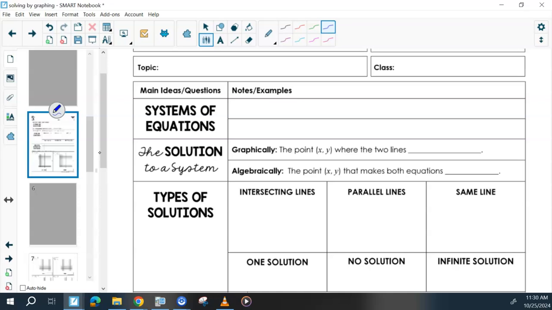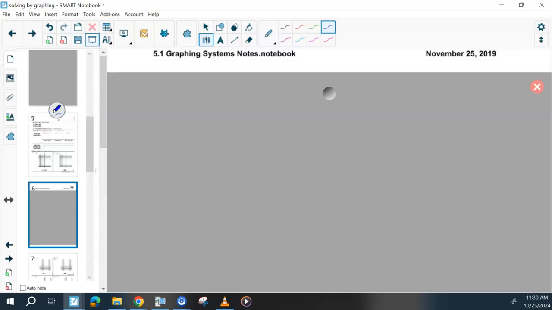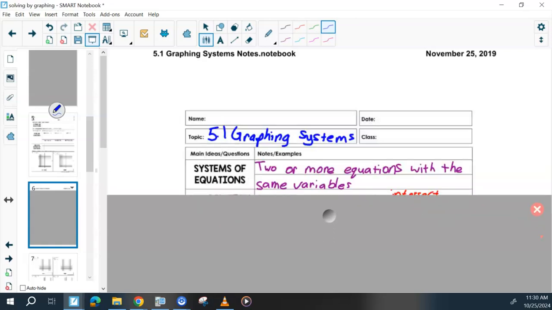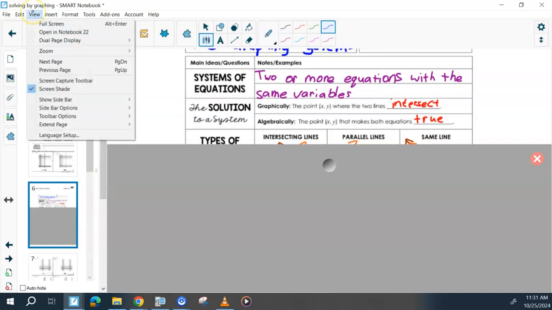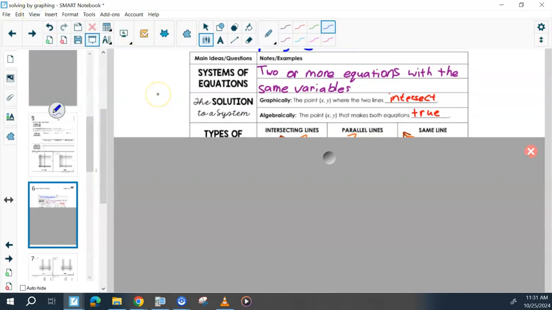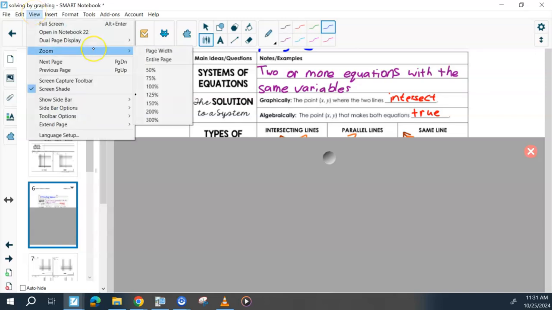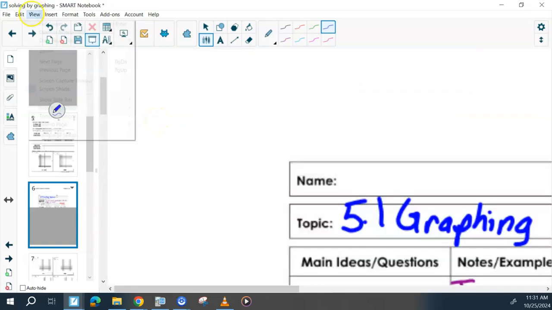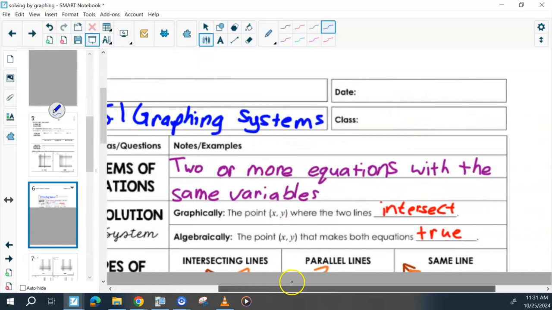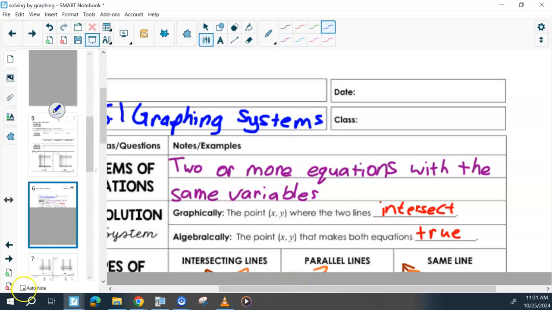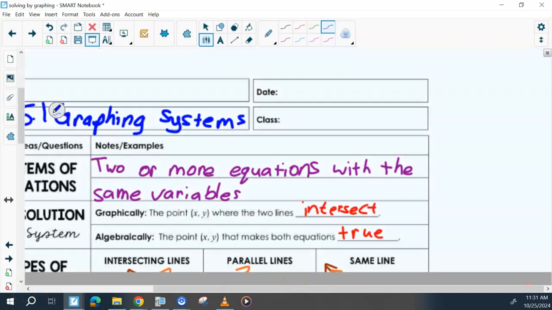So I told you what the systems of equations was, but now you'll see the actual definition. So systems of equations are two or more equations with the same variables.